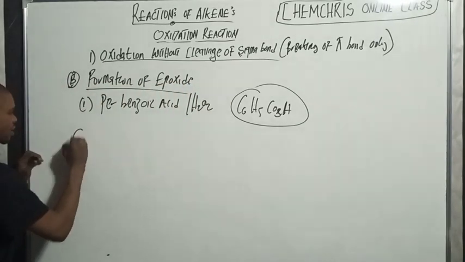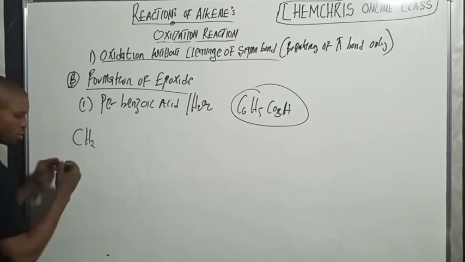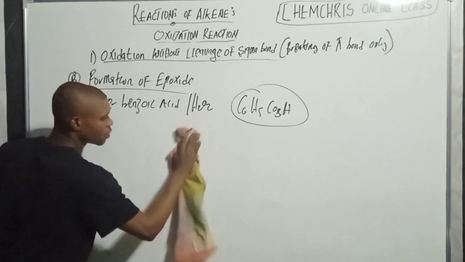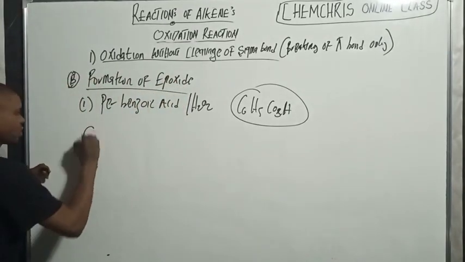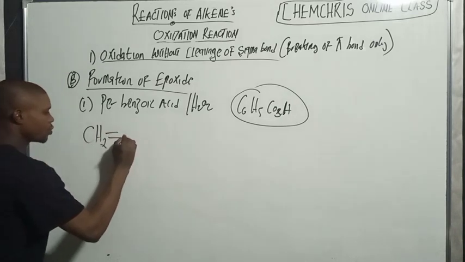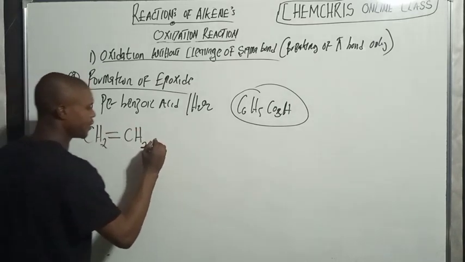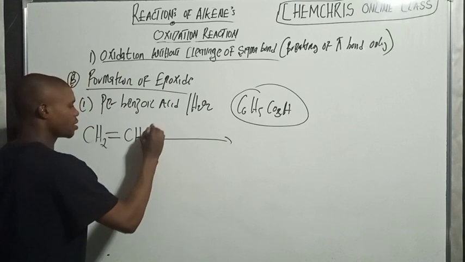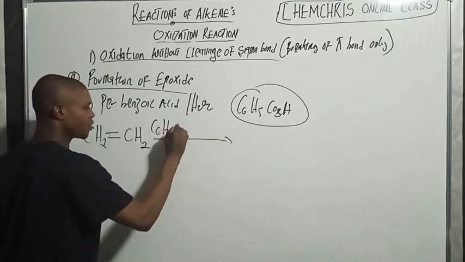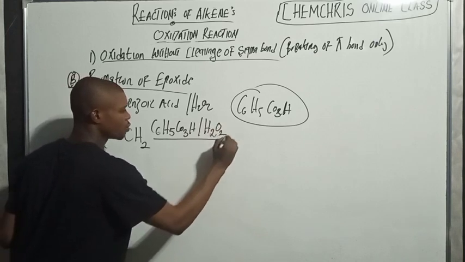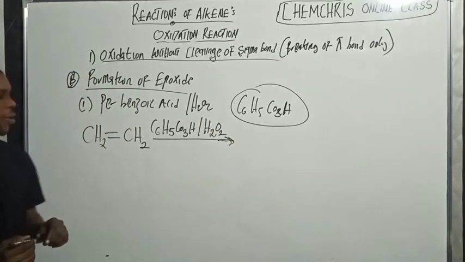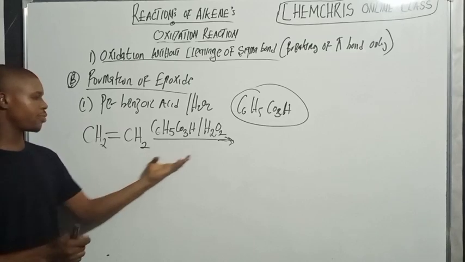So if for example here we have CH2 double bond CH2, then here we have C6H5CO3H slash H2O2. Now when we have this product here.